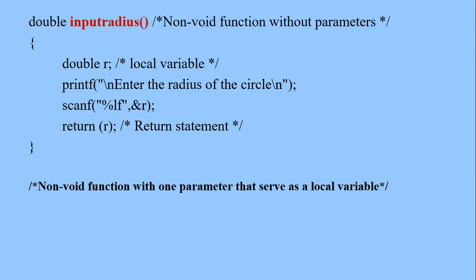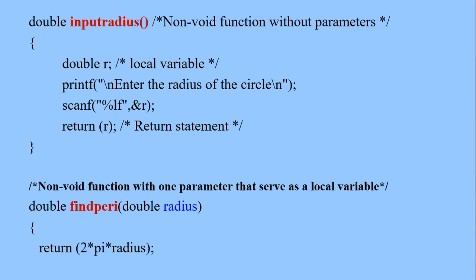Then we have another non-void function with one parameter that serves as a local variable. This non-void function is called find Perry. It is receiving one parameter called double radius. And at the end of its execution, it will return a value of type double to the calling function.